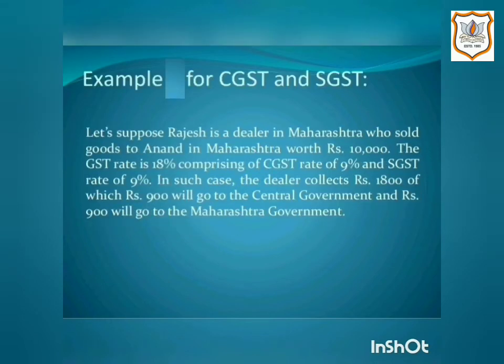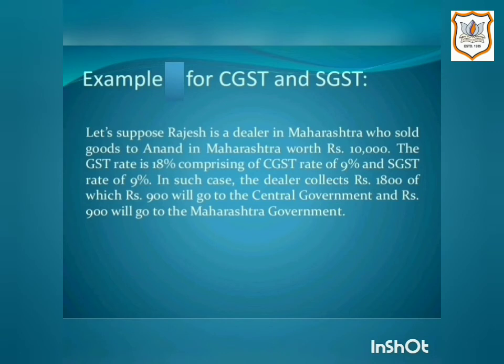Let's suppose Rajesh is a dealer in Maharashtra who sold goods to Anand in Maharashtra worth rupees 10,000. The GST rate is 18%, comprising of CGST rate of 9% and SGST rate of 9%. In such case, the dealer collects rupees 1800, of which rupees 900 will go to the central government and rupees 900 will go to the Maharashtra government.